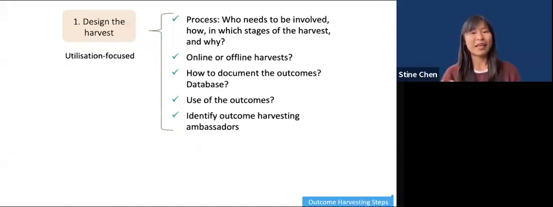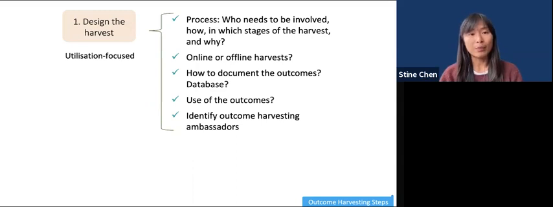And something else to consider is how do we roll out the outcome harvesting methodology? And when doing so, do we harvest outcomes online or offline throughout the program period?